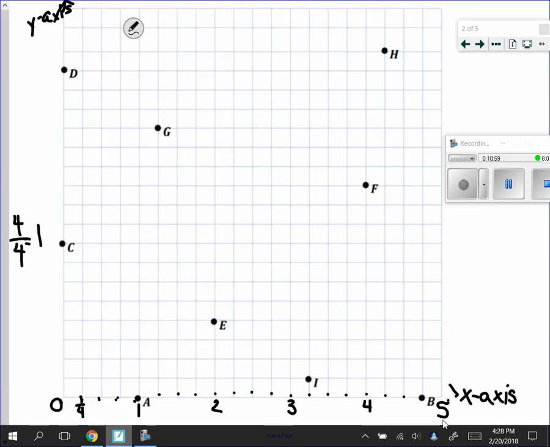Because it's on the x-axis, the x coordinate of A is 1.